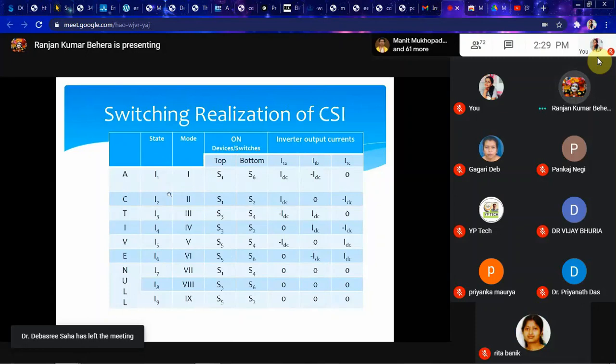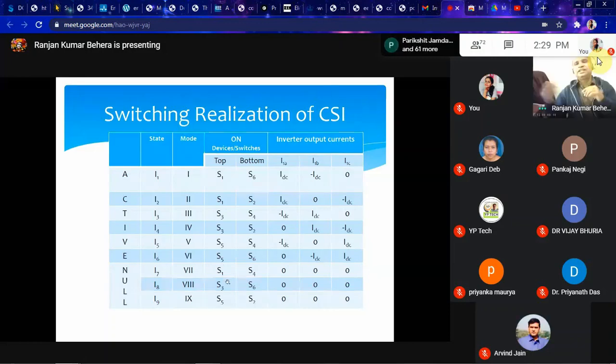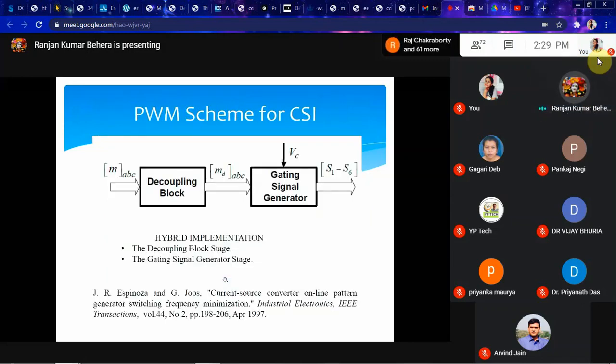And each switch, for example S1, conducts for 60 degrees at a time. S1 conducts for 60 degrees, S3 conducts for 60 degrees, S5 conducts for 60 degrees, then S1 again. Like this, it is repeated. This way we control it, with the modulation index and then the gating signal generator.